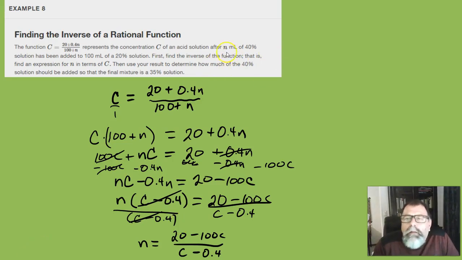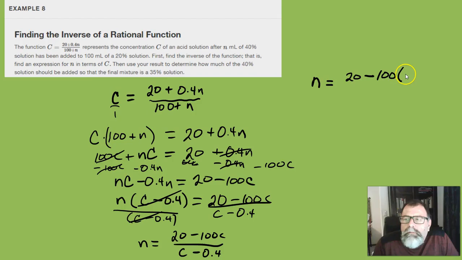How much of the 40% solution N do we need to add to get a mixture whose concentration is 35%? So C is 0.35. We're putting 35% in for C and solving for N to figure out how much 40% solution to add to end up with the 35% solution.